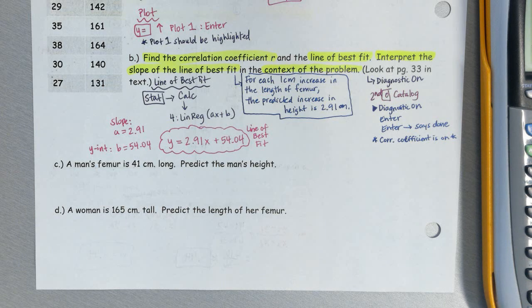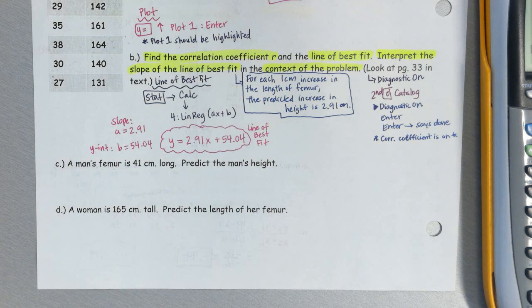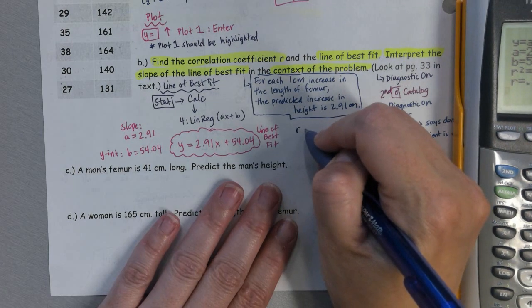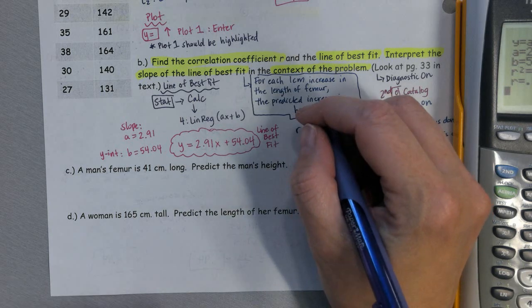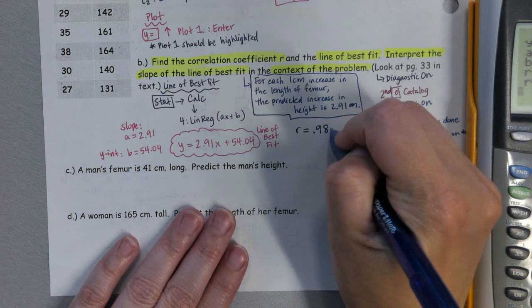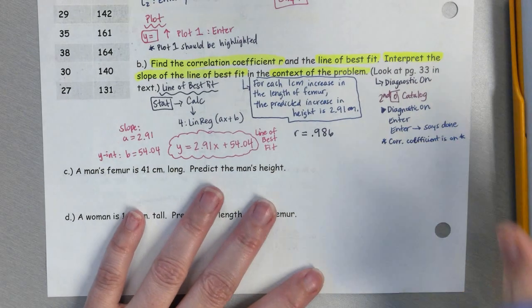And then the last thing we have to look at is our R value. So find the correlation coefficient, which we have right here. My R, rounded to the nearest hundredth, is 0.986. Do you guys know what that means?